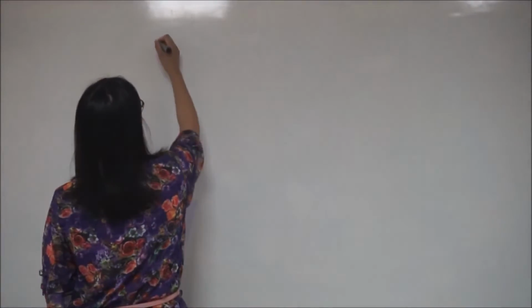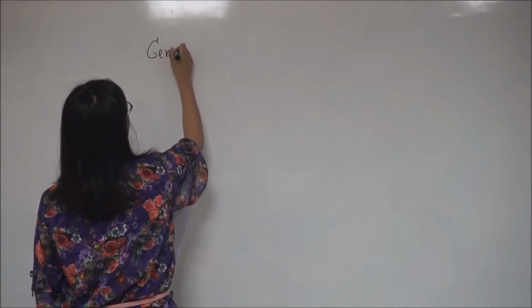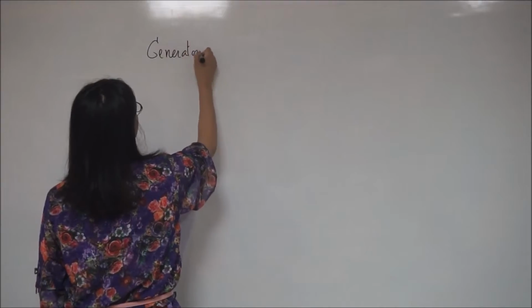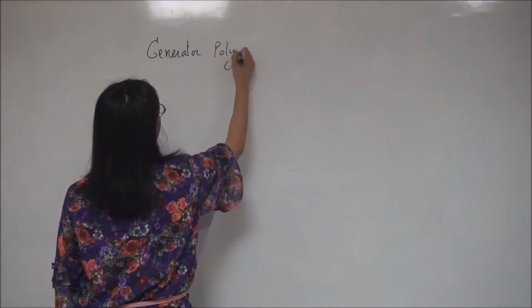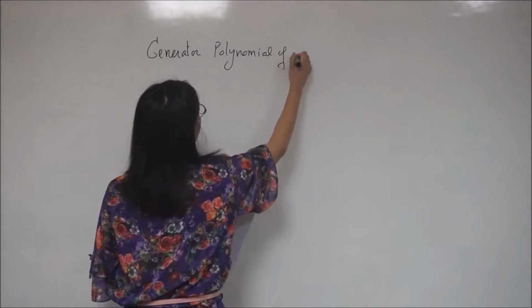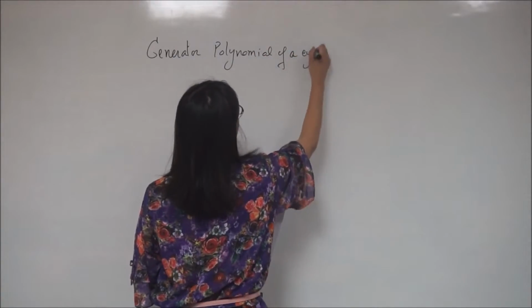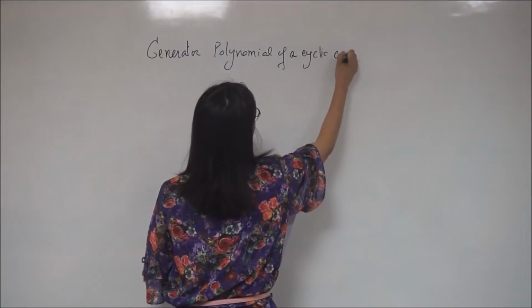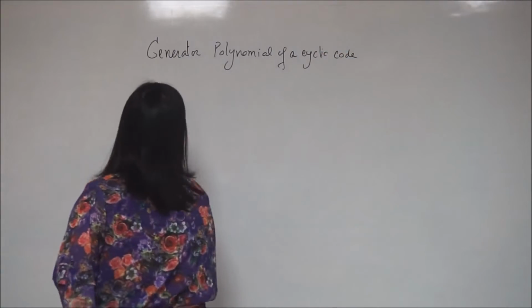We look at another example of an encoding circuit. Suppose you have a generator polynomial like this, a long one: 1 plus x to the 4th plus x to the 6th plus x to the 7th plus x to the 8th. Again, we look at the degree of the generator polynomial.